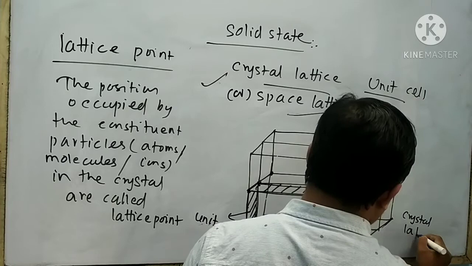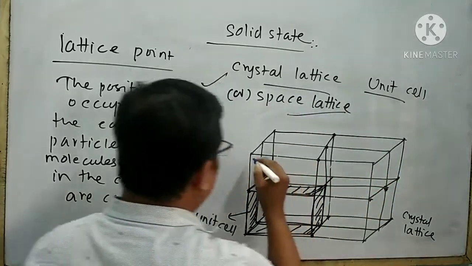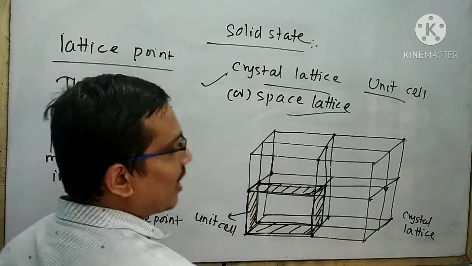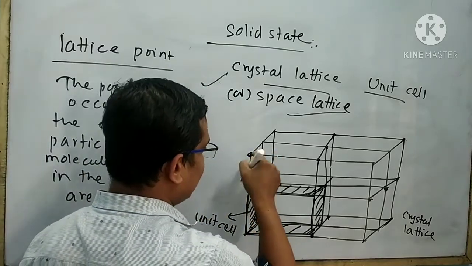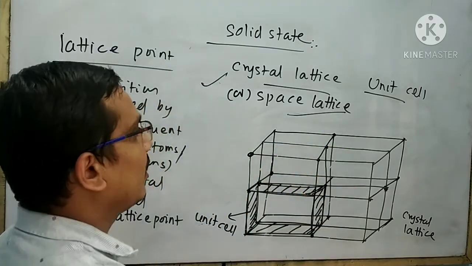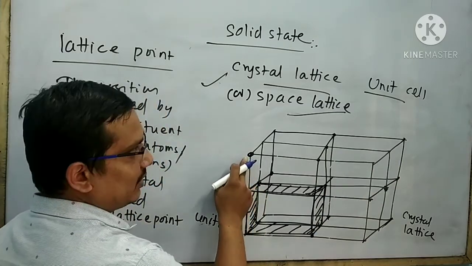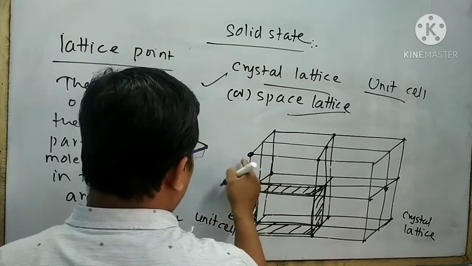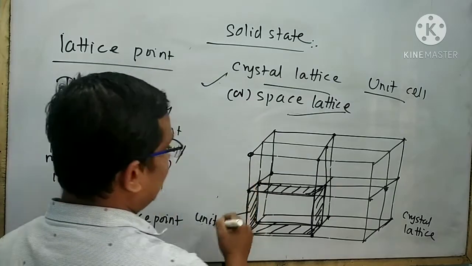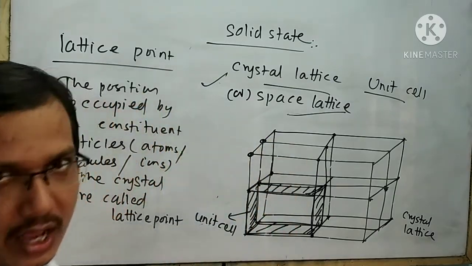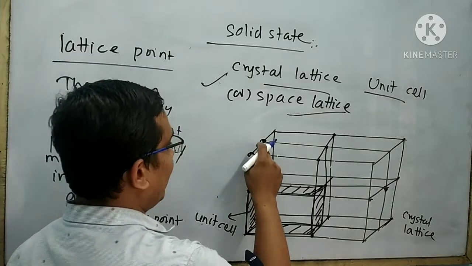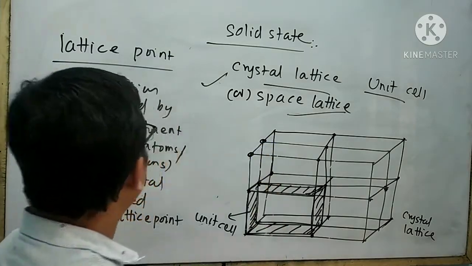Suppose I place the constituent particle, that is your ion, atom or molecule, in this position of the crystal, then this is said to be a lattice point. Suppose here I place an atom or ion or molecule, then this is also called a lattice point.